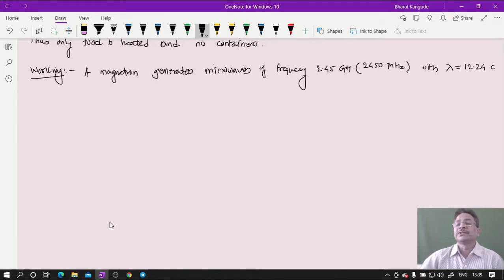These numbers are fixed. This is the wavelength and this is the frequency with which the magnetron generates the microwaves. This is my first point. Second point is working.